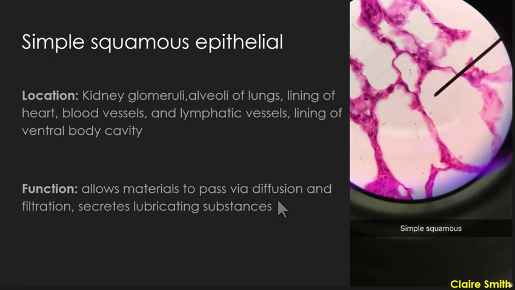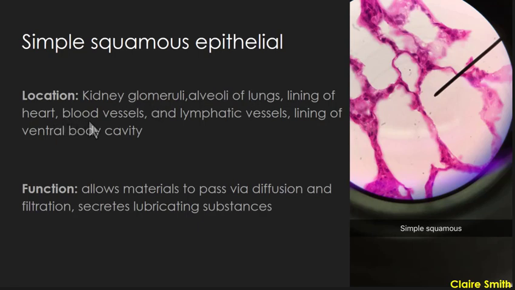Again, if we know the function, the locations kind of make sense. So this is the alveoli of the lungs. Obviously, we're going to have oxygen and carbon dioxide passing via diffusion and filtration through here. Kidney glomeruli is where the plasma of blood is kind of filtered out to make urine.